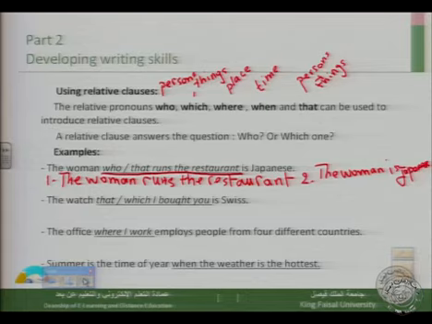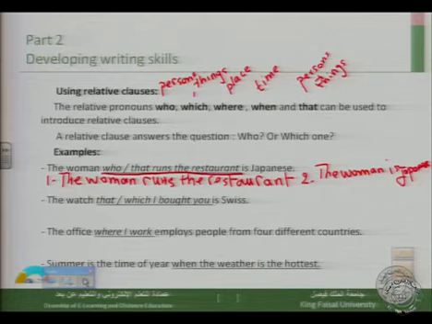Example number 2. The watch that or which I bought you is Swiss. Here we use that or which with things also. The watch is a thing, and here the relative clause is that I bought you or which I bought you. You have the choice.